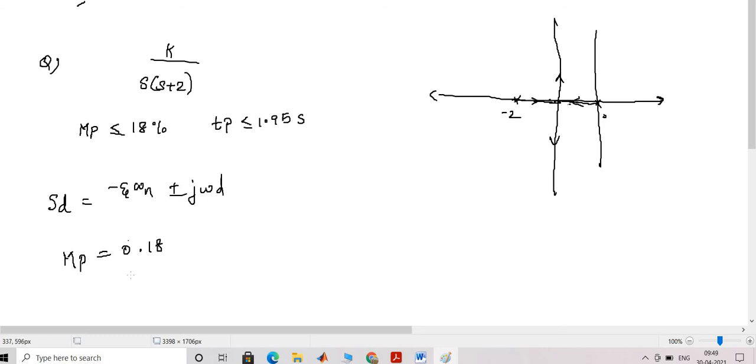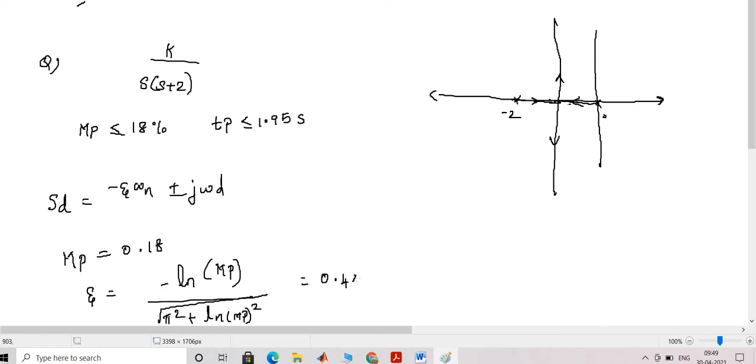Now by applying the equation of MP, theta is equal to minus ln of MP divided by square root of pi square plus ln of MP square. By applying this equation, we get the value of theta as 0.48.